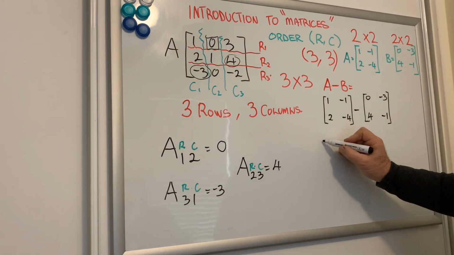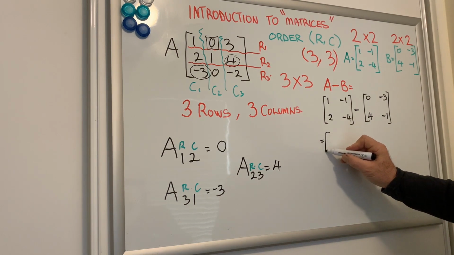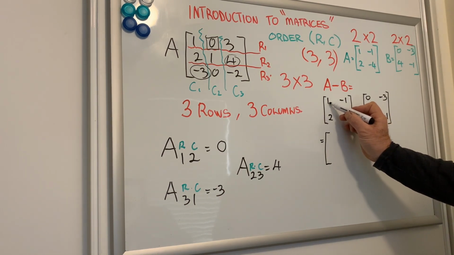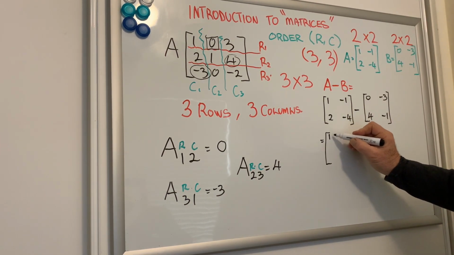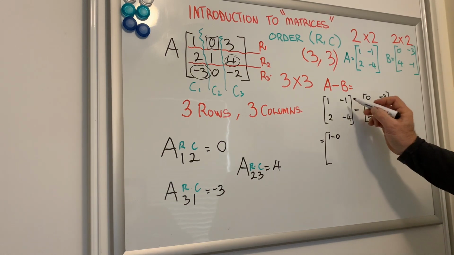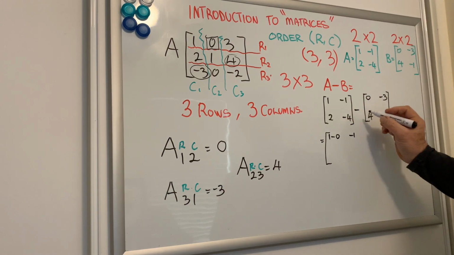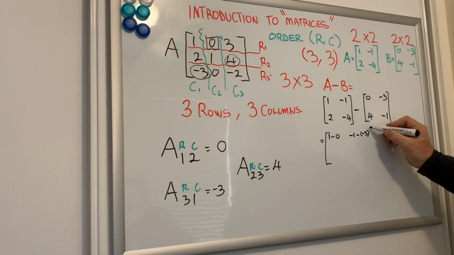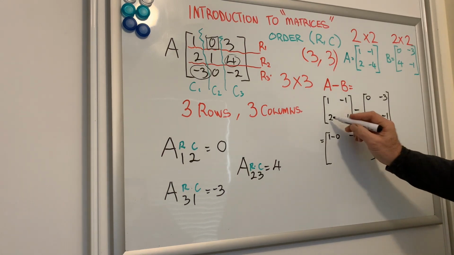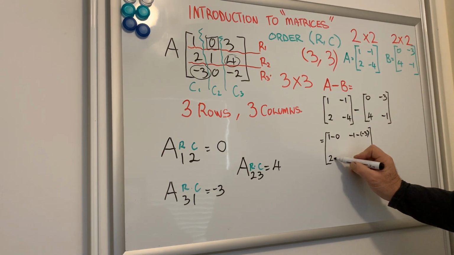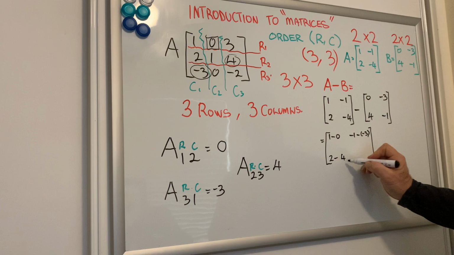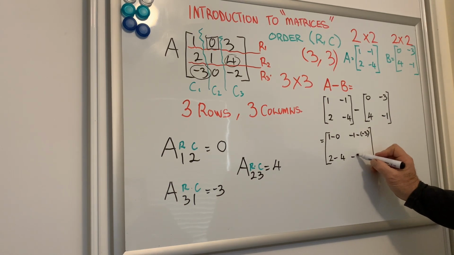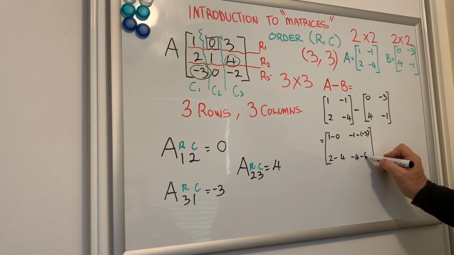Now that's equal to 1 minus 0, minus 1 minus 3, 2 minus 4 and minus 4 minus 1.